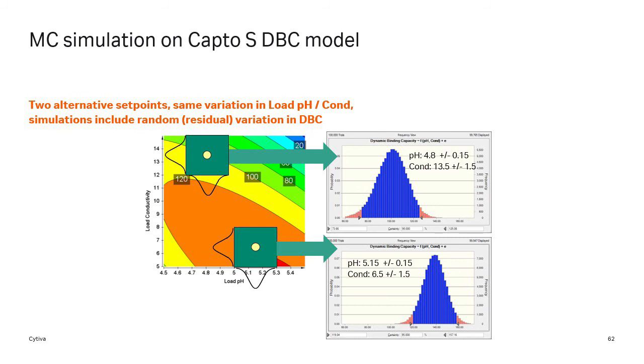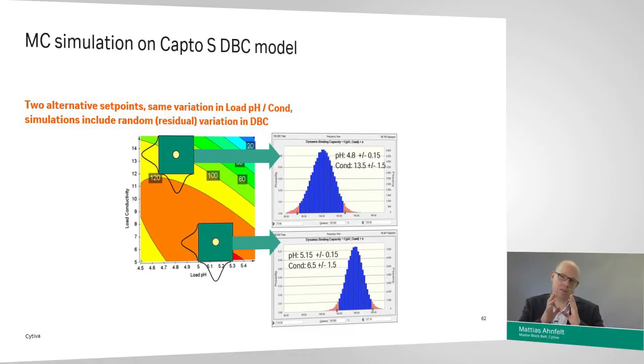You can then see if we consider the alternative set point. Now I've moved from this setting up to more of a sweet spot. It's a higher prediction for sure, which is exactly what would be expected from the response surface. But also you can see that with the same variation on the process inputs, we are moving the binding capacity on average quite healthily upwards, but we are also making the process more robust to the variations in the pH and the conductivity.